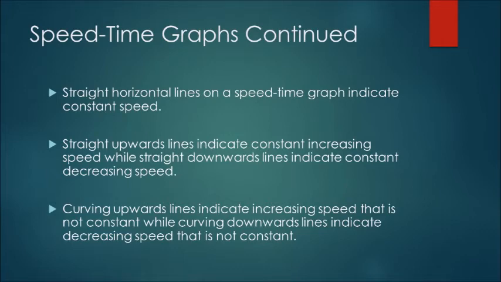At this point in your notes, you have a section with 4 different graphs on it. There is one with a horizontal line showing that the speed is neither getting faster nor slower. We're staying at the same constant speed. You have one with a straight upwards line, showing that we are increasing our speed at a constant rate. We have a downward straight line that shows we are decreasing speed at a constant rate.